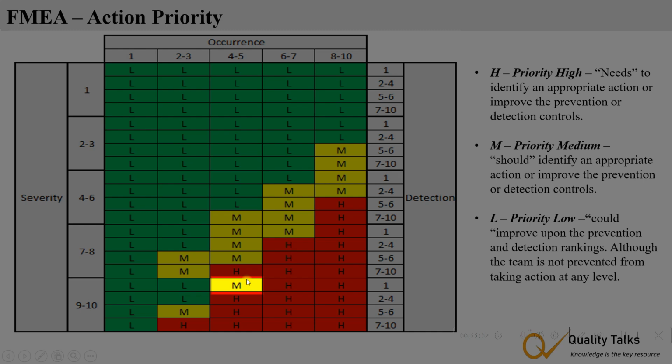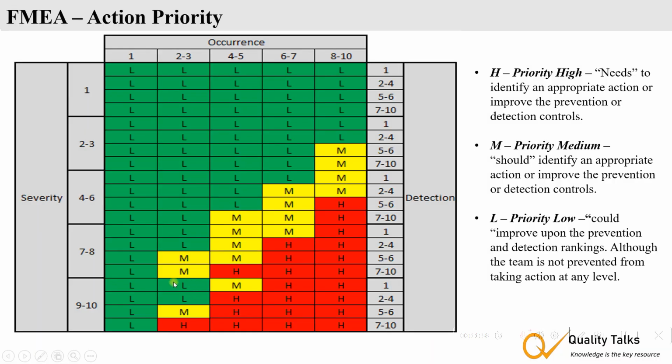But when it comes to severity 9 and 10, occurrence 4 or 5 and detection 1, then action priority is medium. And for severity 9 and 10, occurrence 2 to 3 and detection 1 to 4, action priority is low. So based on different combinations of severity, occurrence and detection, action priority is decided based on this table.